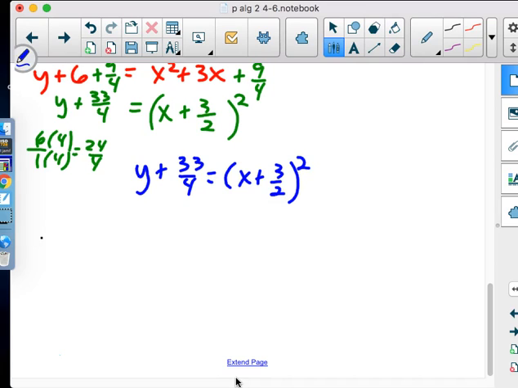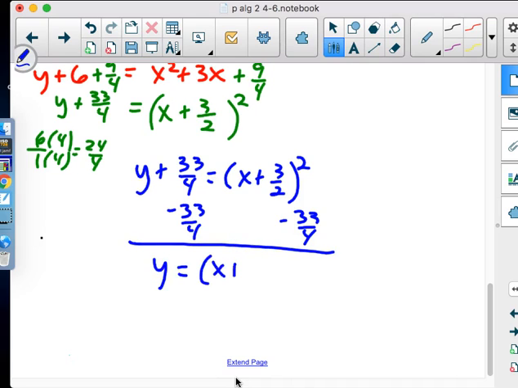It's almost done, isn't it? What do we have to do to get that in vertex form? Get the y alone. Subtract the 33/4 from both sides. And no, it has absolutely nothing to do with what's inside the parentheses.